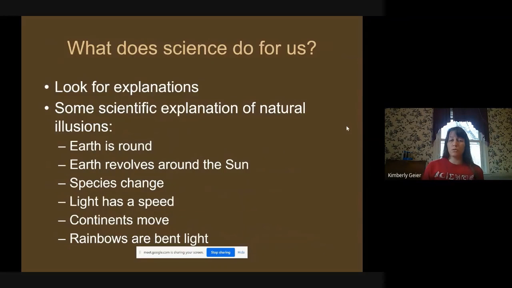Continents move, and rainbows are just bent light. So science is out to explain the natural world instead of us being tricked by illusions of just what we think we see. Science is out to explore and explain. And we do that through experiments.